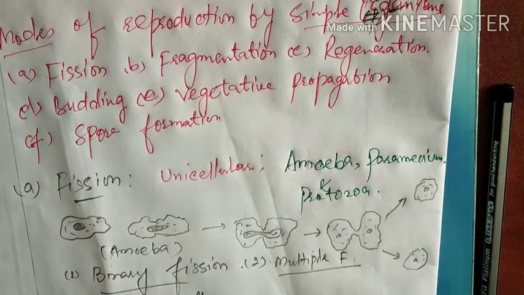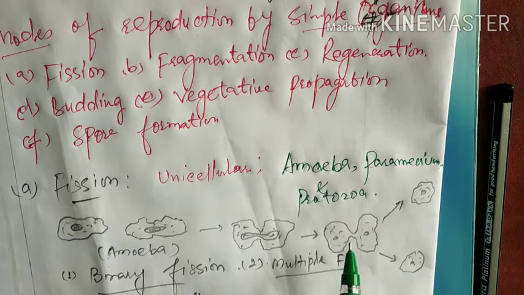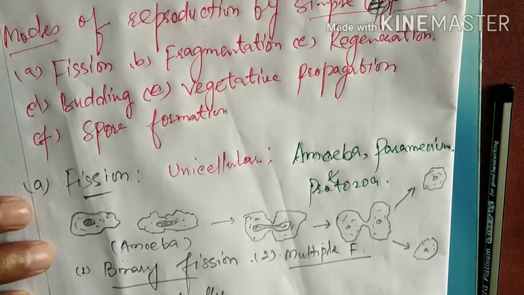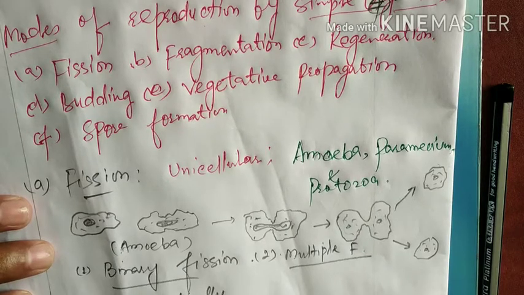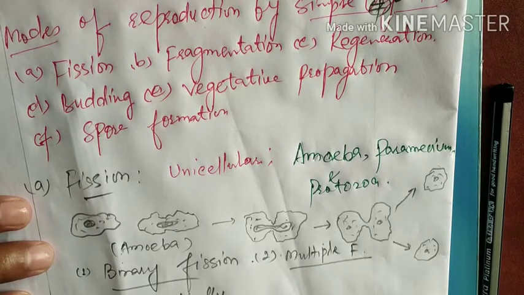In this method, the nucleus first divides. After the nucleus is divided, the division of the cytoplasm also takes place. Then the cell finally splits into two daughter cells. The best examples of binary fission are microbes like bacteria, which all divide by binary fission.